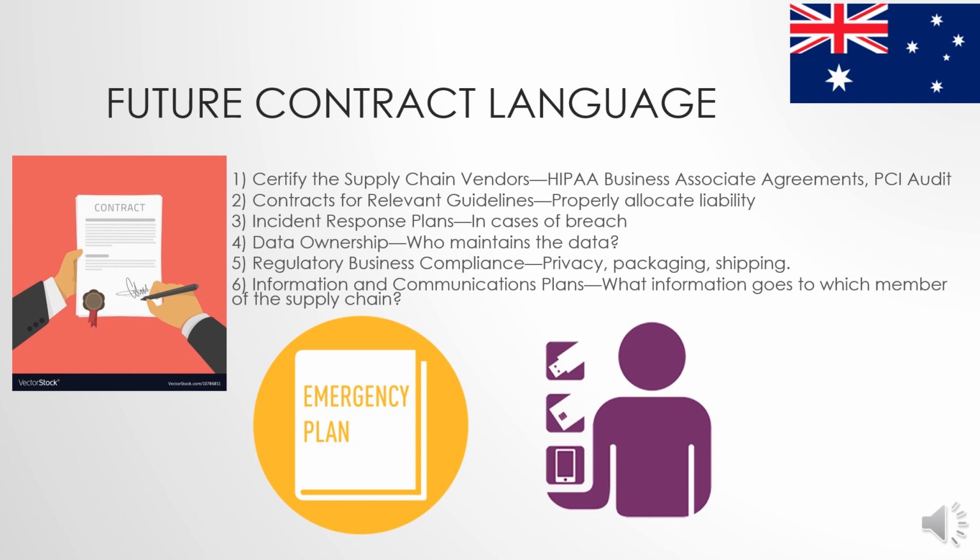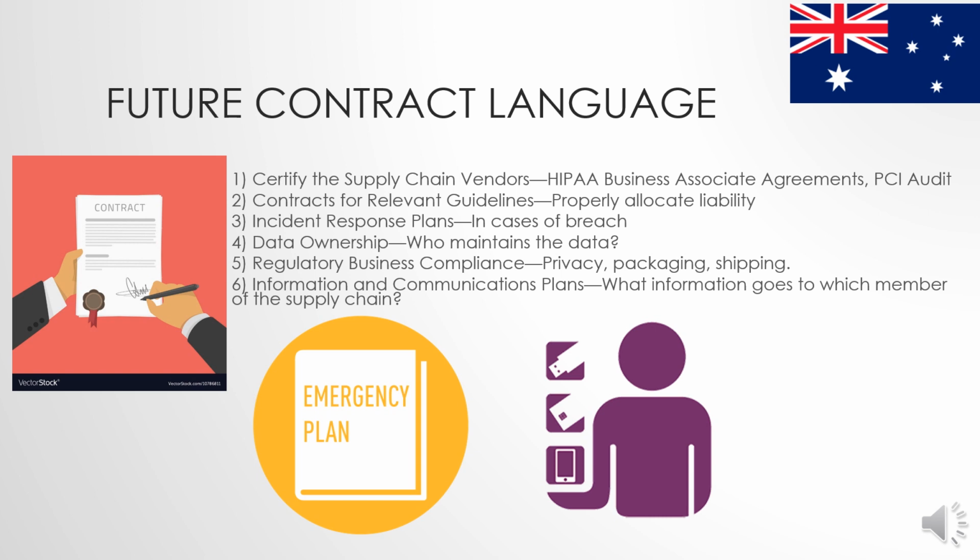Now that we have covered vulnerabilities in software and the supply chain, the Australian cyber team and the State Department must consider how it should make a contract with companies in the future to curtail these issues as well as security and operations. The team must ensure that supply chain vendors have procedures that are expressly stated or codified, as well as certified by an auditing authority such as a reputable accounting firm.